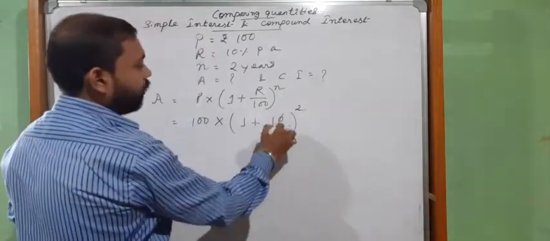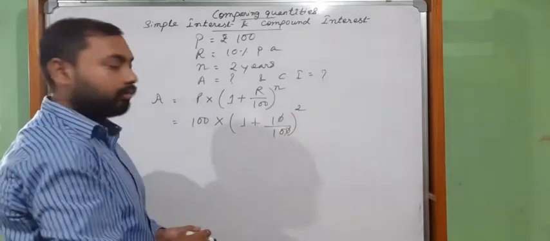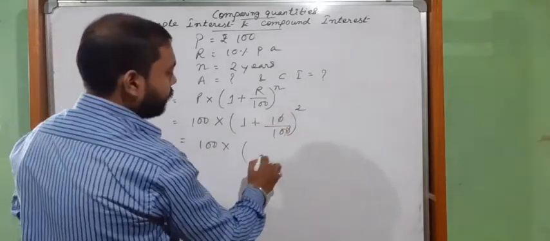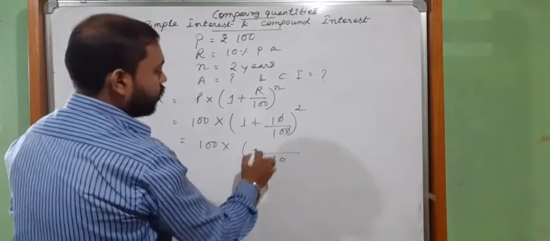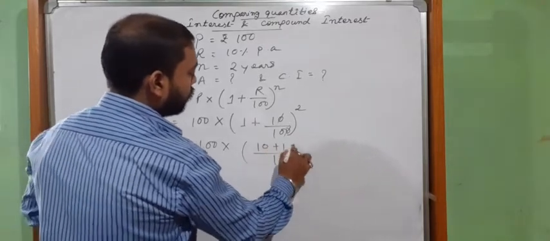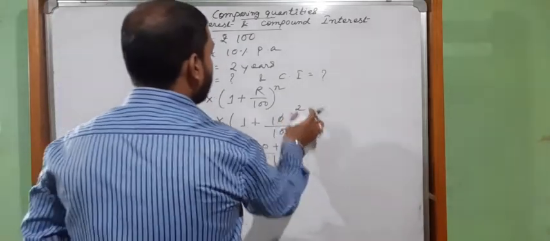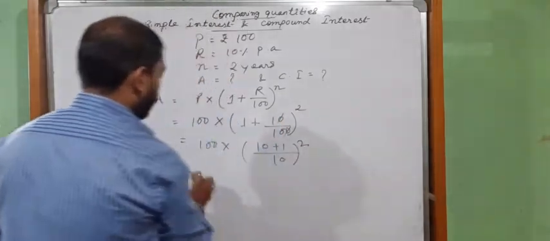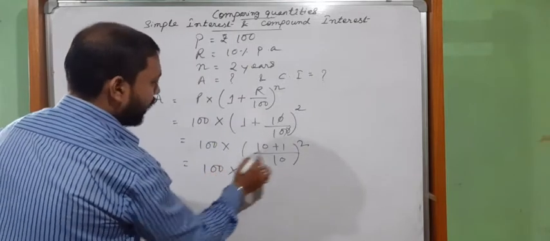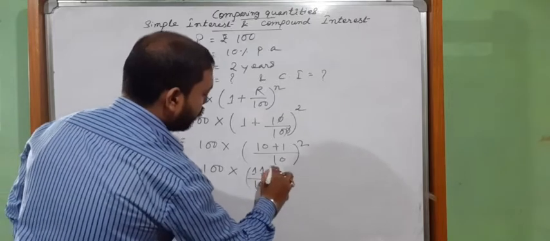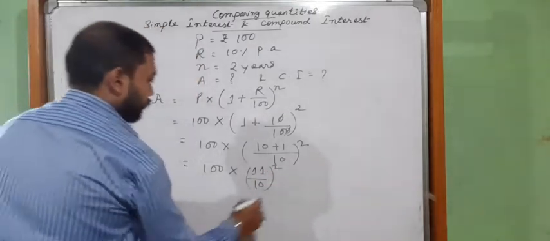So the 10s we can cancel, it is 1 by 10. So 100 into, if it is 1 by 10, the LCM will be 10 only. So it will be 10 plus 1, and time is 2. So it is 100 into 11 by 10, and this whole thing squared.